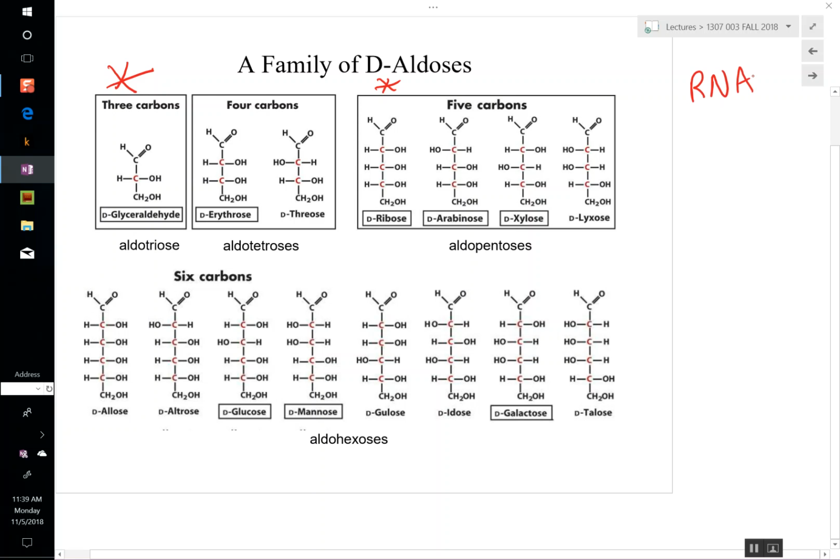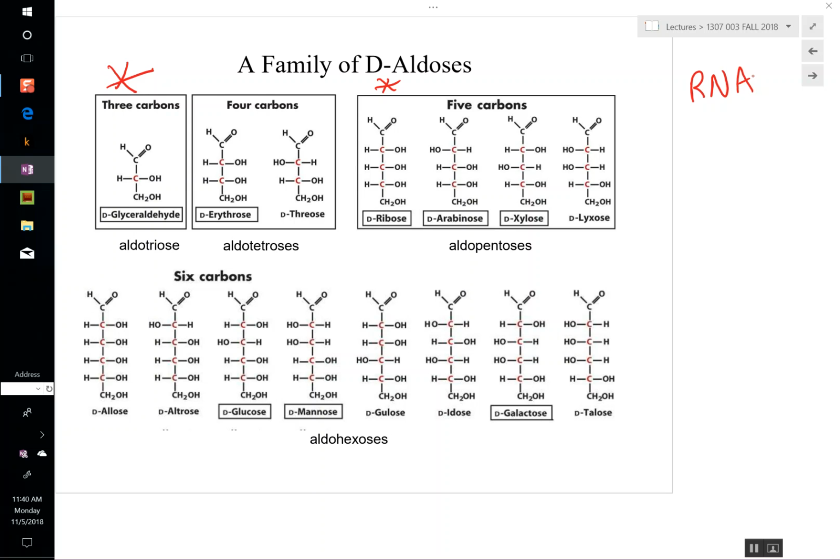What does RNA stand for? Ribonucleic acids. When we get to chapter 20, you're going to see that there's a sugar phosphate backbone, and the sugar phosphate backbone of RNA is built off of ribose. D-ribose. Right. So that's the only one.